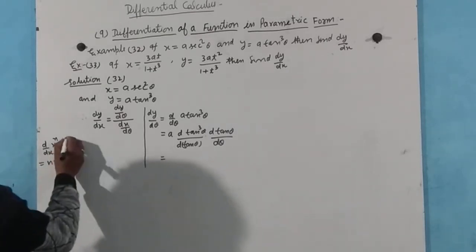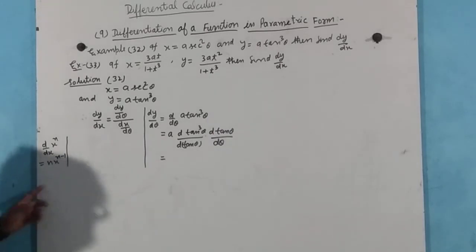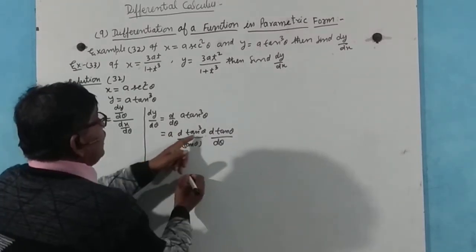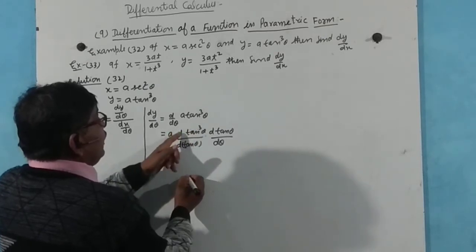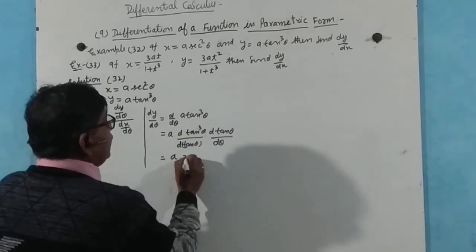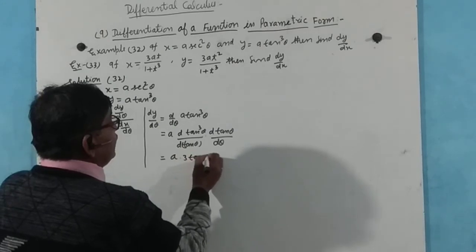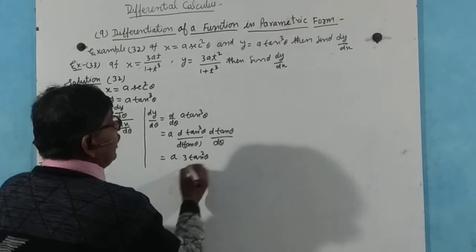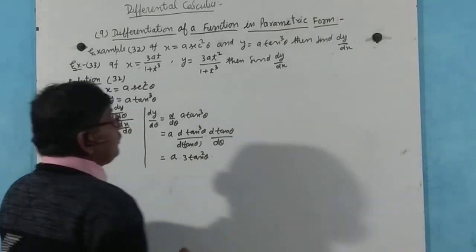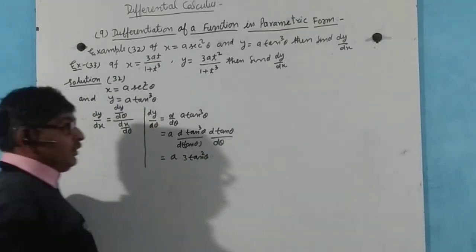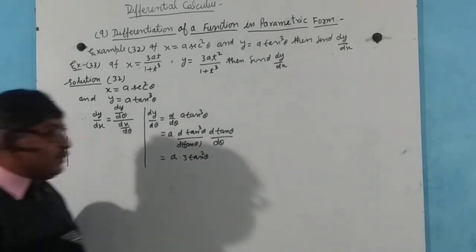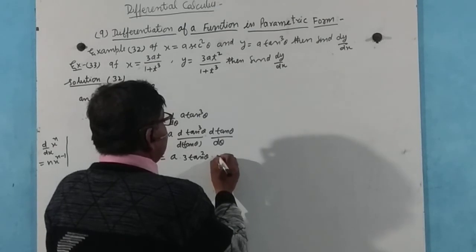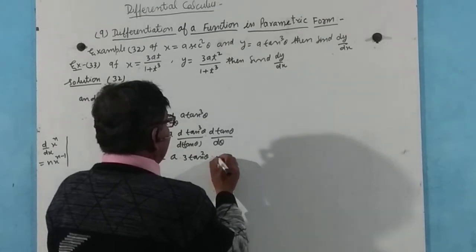In a similar sense, this is equal to a times 3 tan theta to the power 3 minus 1, that is, 3 tan square theta, into d by d theta of tan theta, and the differentiation of tan theta with respect to theta equals sec square theta.